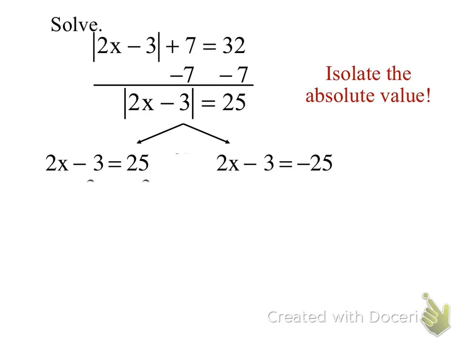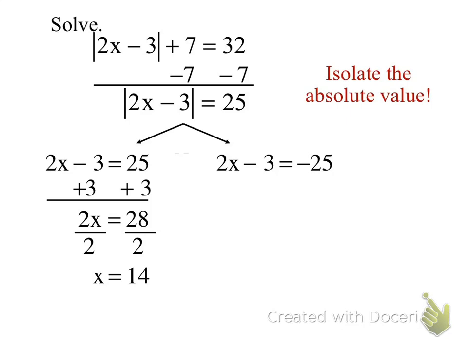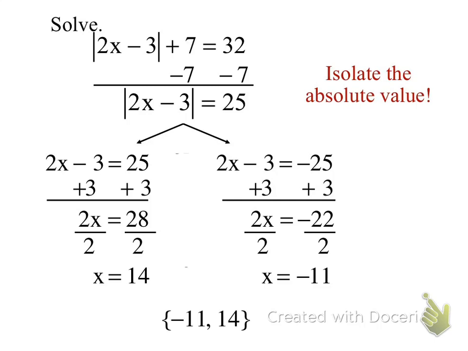Add 3 to both sides. Divide 2 on both sides. X is equal to 14. Do the same thing over here. And you should have gotten x is equal to negative 11. And we generally put them in our set in numerical order from least to greatest.